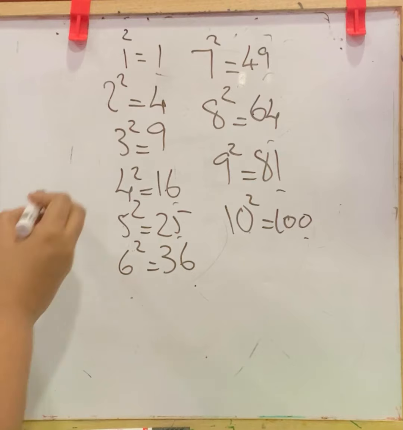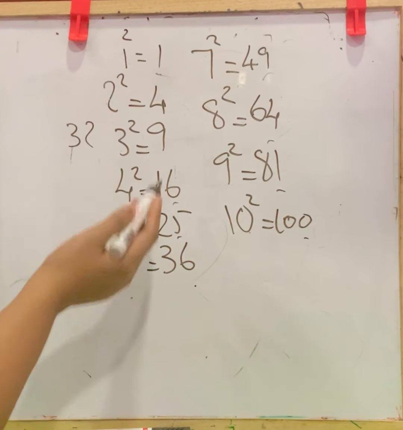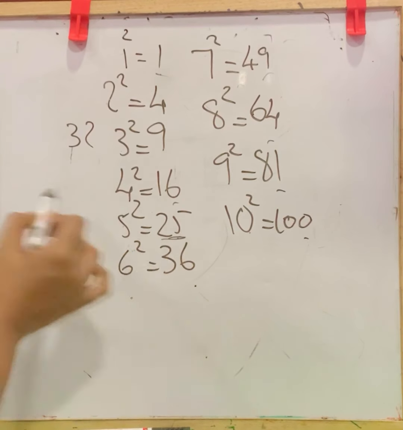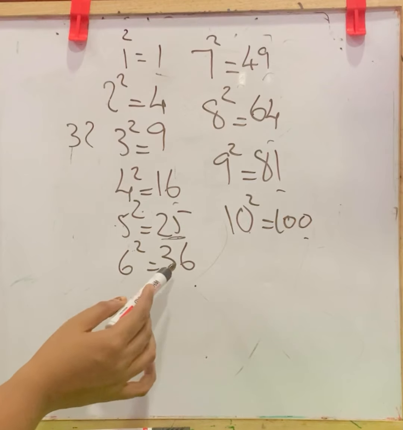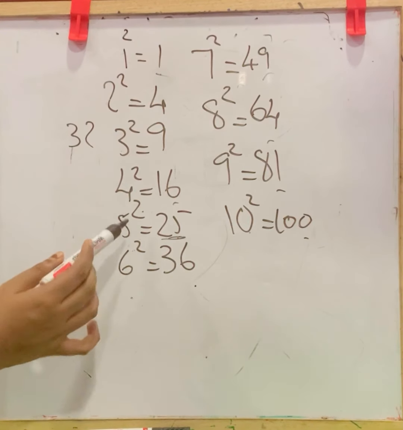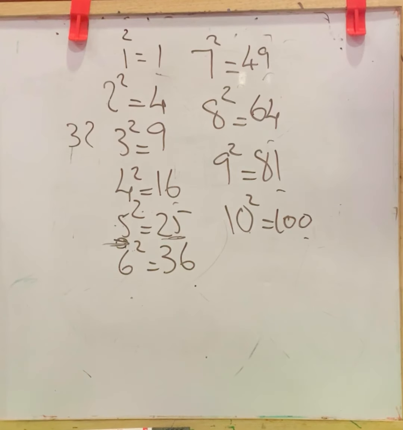So if you are asked whether 32 is a square number or not, just have a look at this. Here 32 lies between 25 and 36, and 25 is 5 square and 36 is 6 square. 5 and 6 are consecutive numbers. Here in between we can't find a natural number.